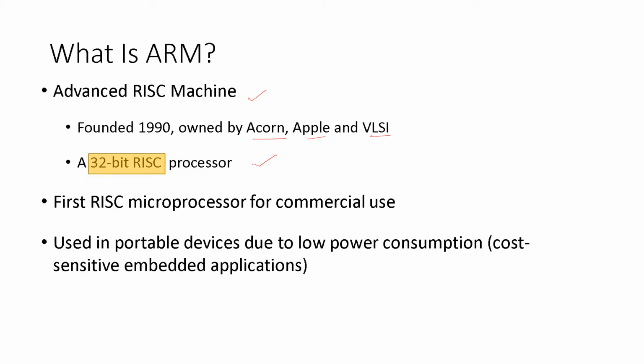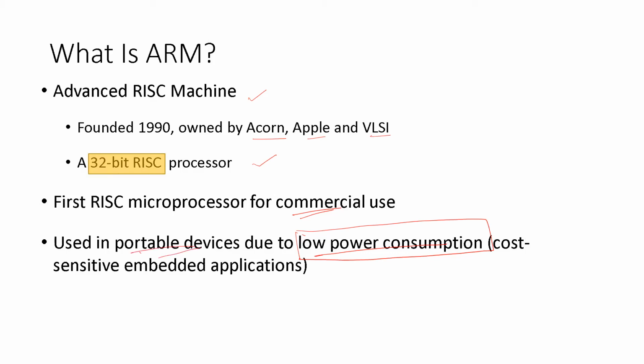The main point to be noted is that it consumes only low power. This point is very, very important. It consumes only low power. With low power, we are able to go for high-end applications, and it is also portable, easy to carry.